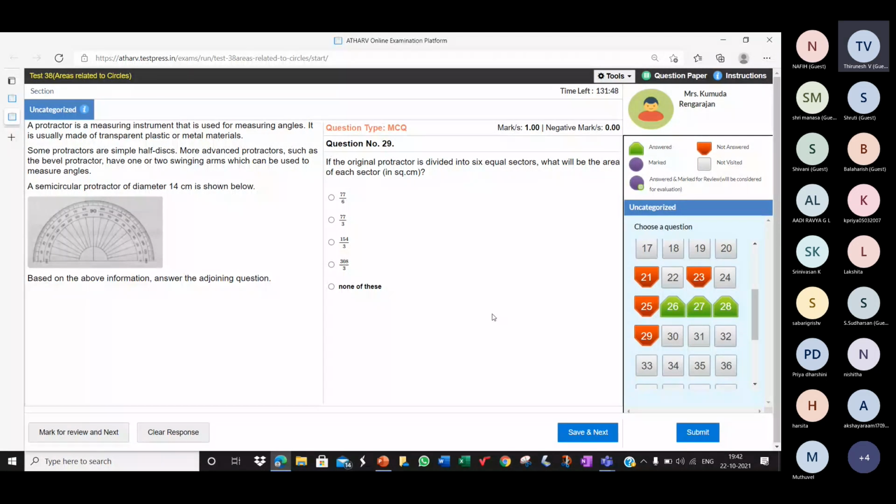Was the original area 77? No, what was the original area? 154. Tirunesh, you said 77 by 6. How?